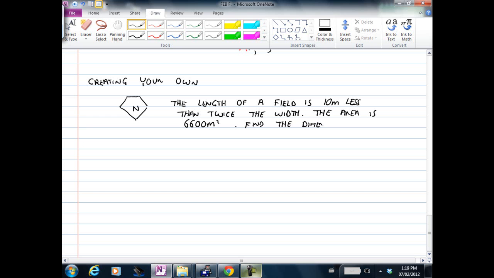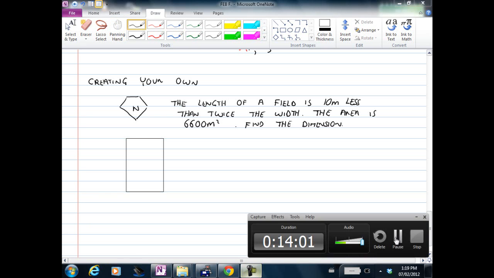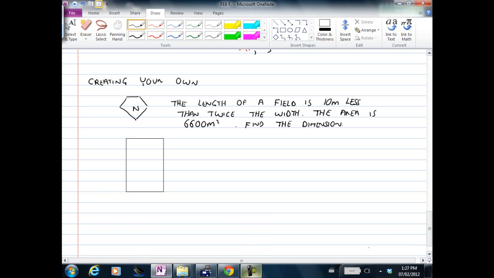And I'm going to say that my field will be a rectangular field. I want to know what is the length and what is the width of this field. Guys and gals, good luck. I'm going to pause your recording here. First of all, it says the length of a field is 10 meters less than twice the width.